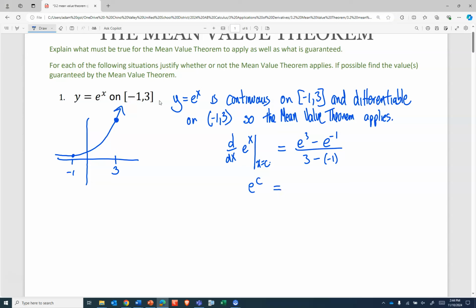And so we can replace the left-hand side with e to the c, and what is this? E cubed minus 1 over e over 4. And you know, clearly this is a calculator sort of thing, so we need to take natural log of both sides to get to that c. And c is equal to the natural log of e cubed minus 1 over e over 4.